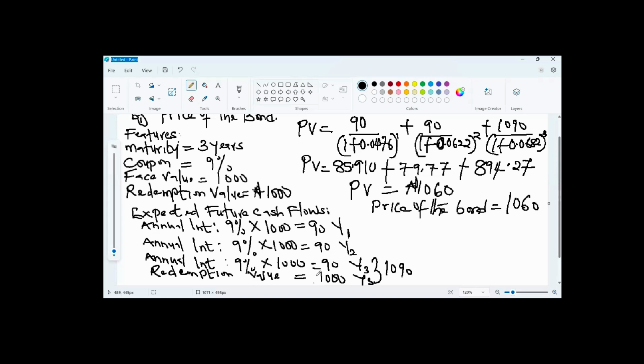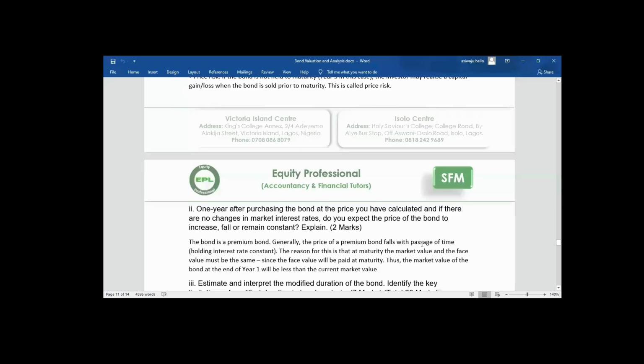The response to this is given in the question. The bond is a premium bond. That bond is issued at a premium, 1,060. The price of the bond is more than its face value. That's a premium bond.